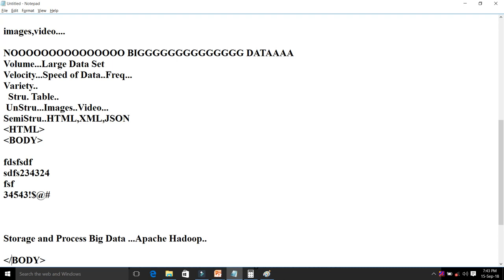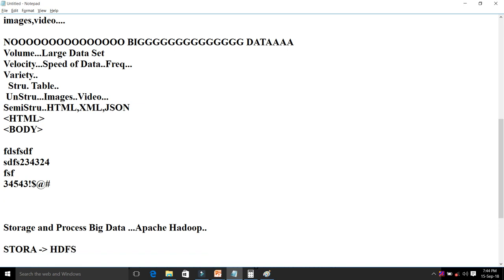So now Hadoop is able to process and store data on a large scale. Now how does Hadoop do that? For storage Hadoop has a concept called HDFS, the Hadoop Distributed File System, and for processing it has a concept of MapReduce.